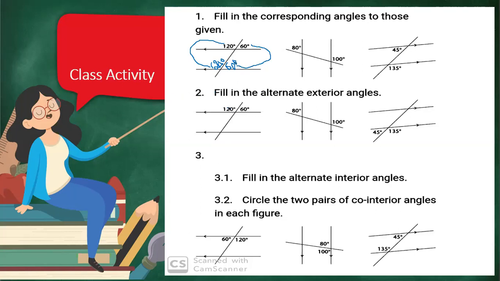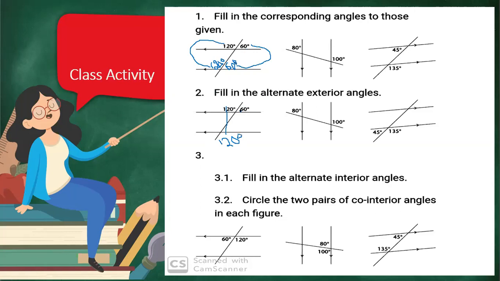So 120 is opposite to this exterior here. You can see that one exterior and one exterior. They are opposite. 120 here is opposite to this angle right here, which is also an angle that is outside, our exterior. So we'll have 120 degrees right here. Alternate angles are opposite. Just keep that in your mind.